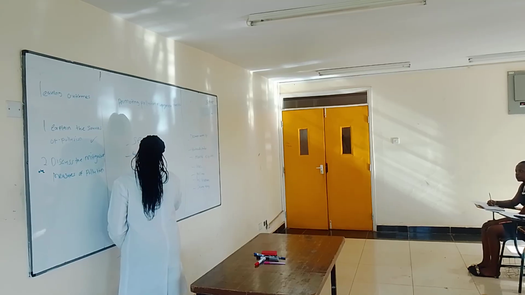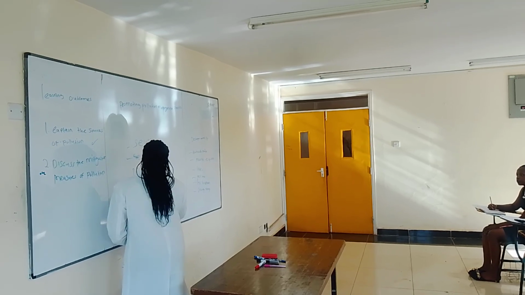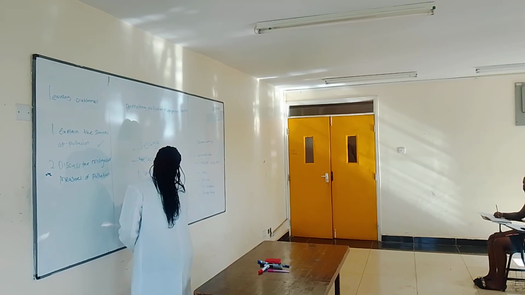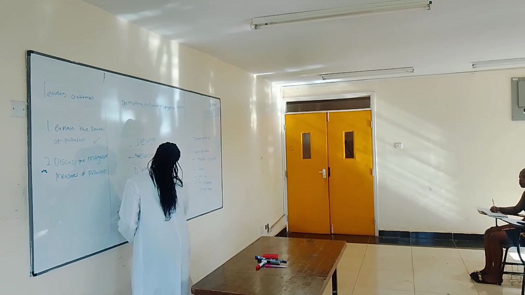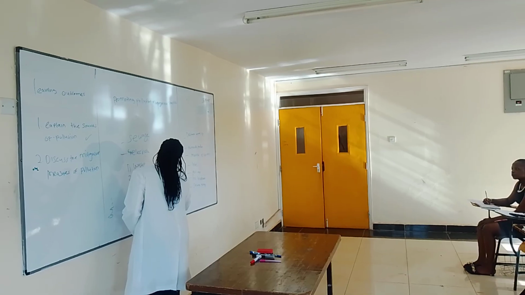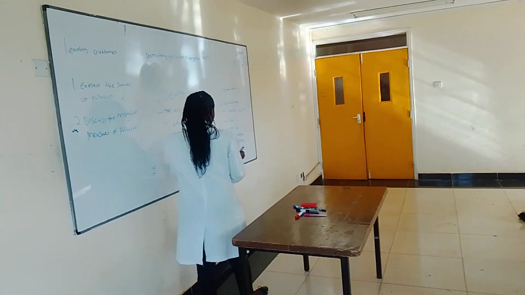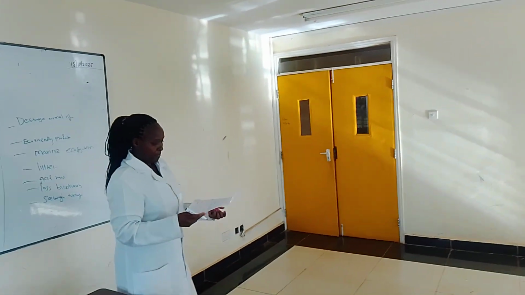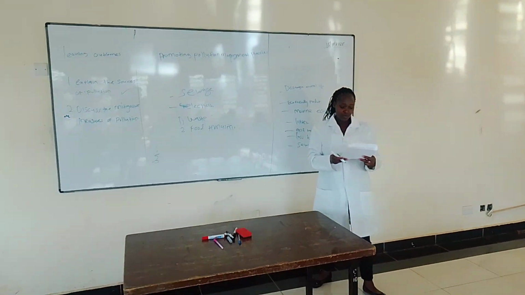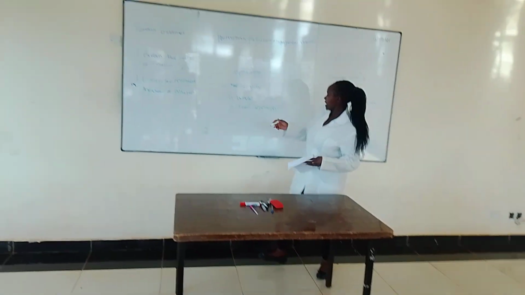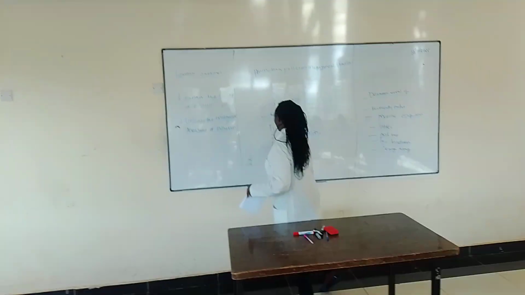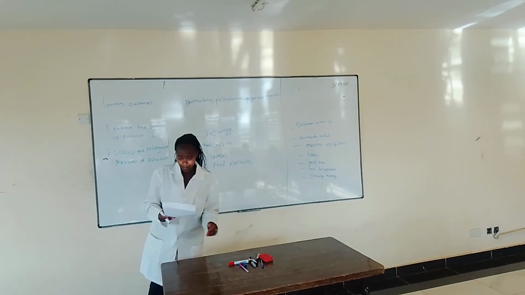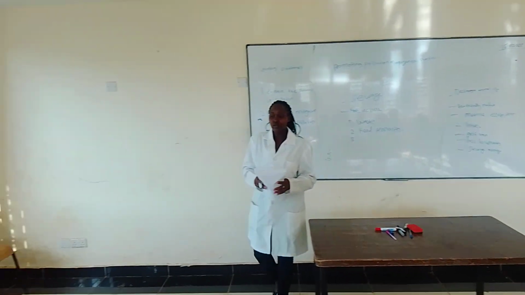And the third thing you can say: heavy use of electricity can cause greenhouse effect, which can contribute to air pollution. So now that we've learned about these sources of pollution, I want you to close your books.